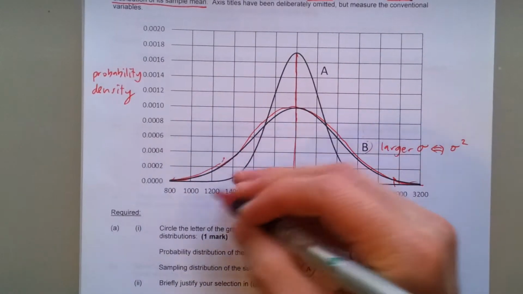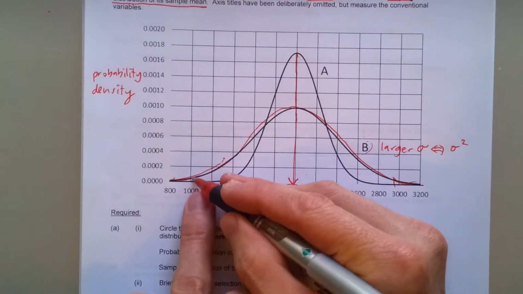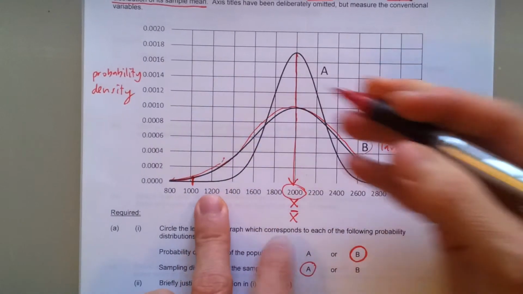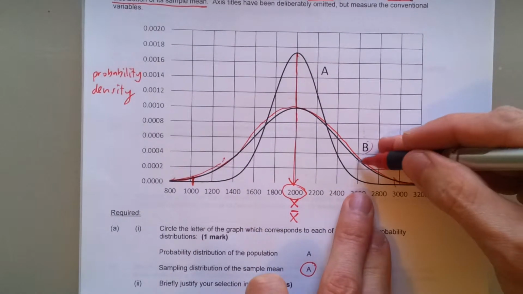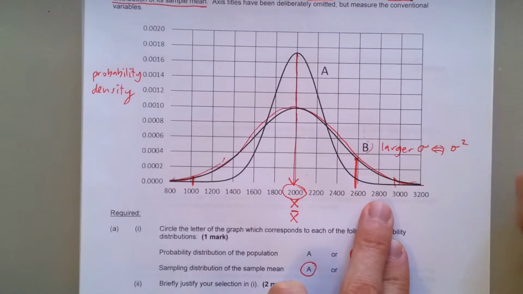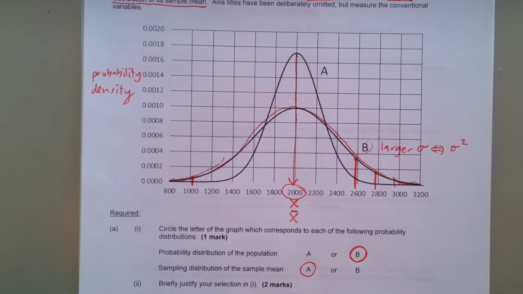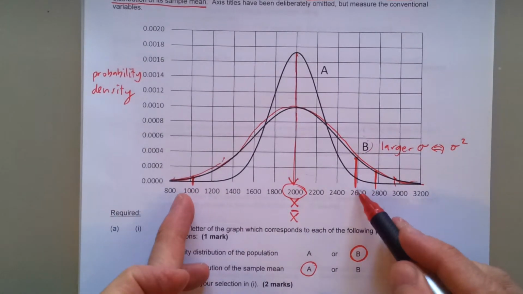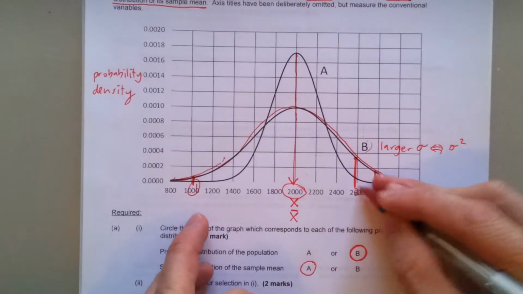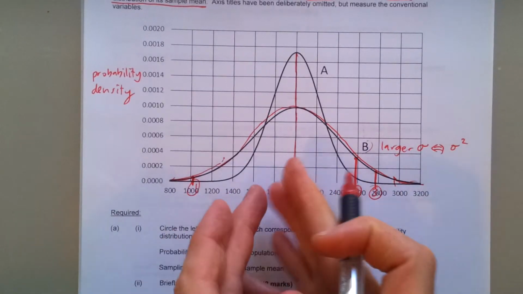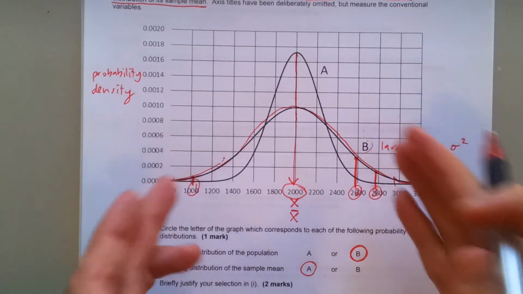If in my sample I chose a value down here from the population plus another value from here, and another one here, and let's say it was a really small sample like 3, those 3 values, 1, 2 and 3, are quite far apart in terms of the population.